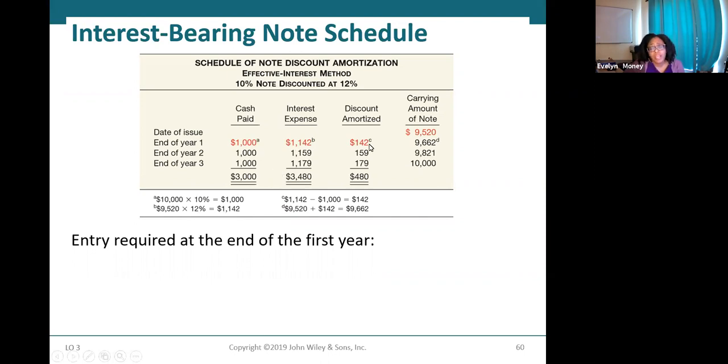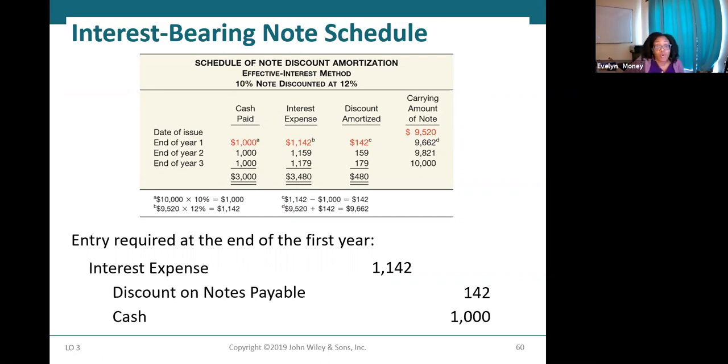The difference between the two gives me the amount of discount that will be amortized once I do my entry for the interest expense. And we have to add that to our carrying amount, because notice the carrying amount will increase until it reaches that principal amount. So when we do our first entry, I'm going to have interest expense, I'm going to have cash paid, and I'm going to have to do something with that discount on notes payable.